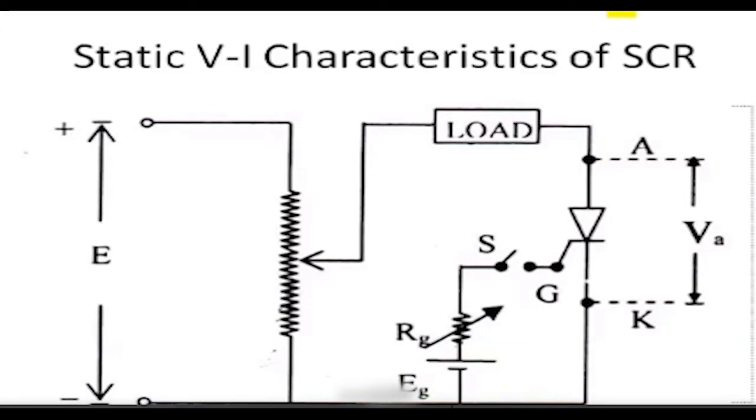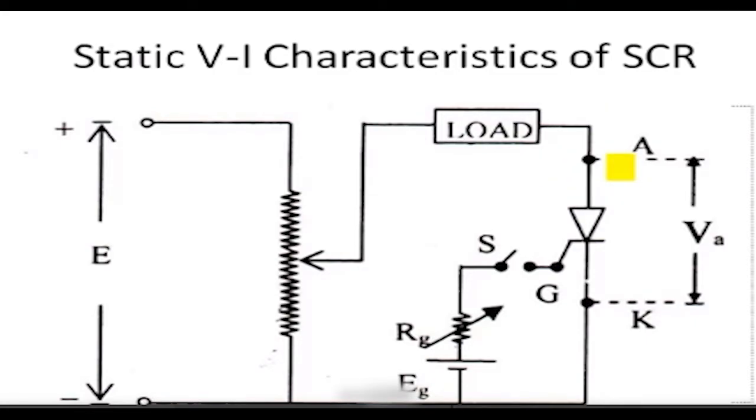Because it always accepts current from anode to cathode. Current cannot flow in the reverse direction. Current can flow only from anode to cathode.